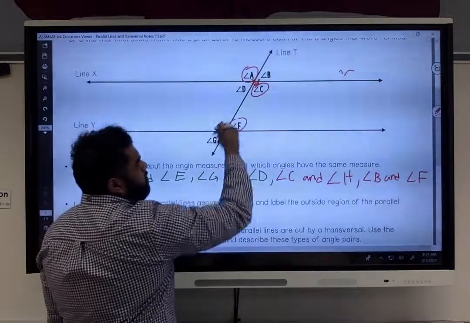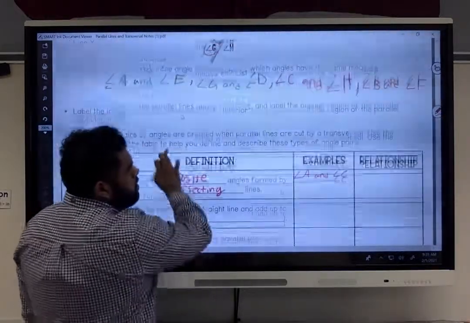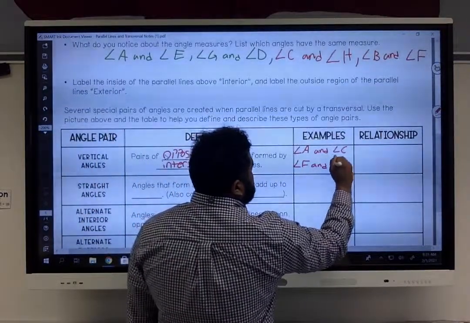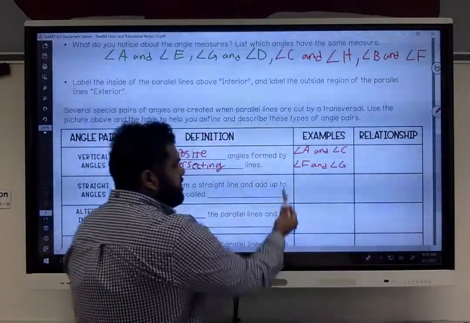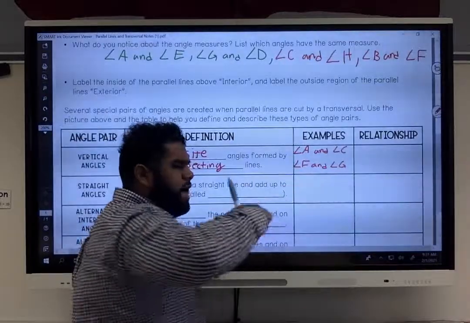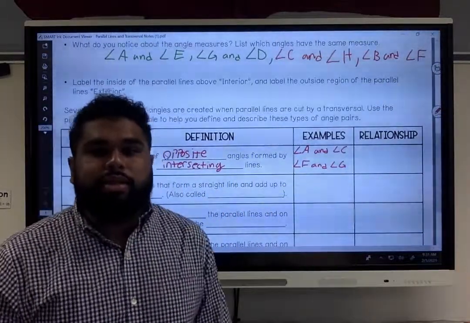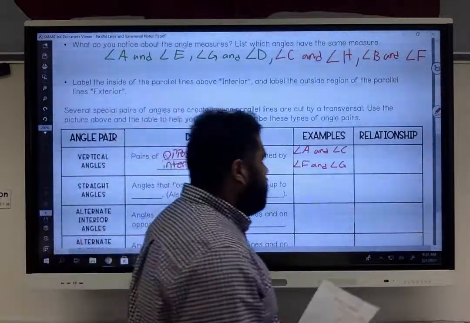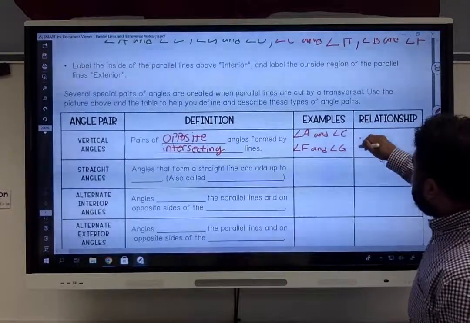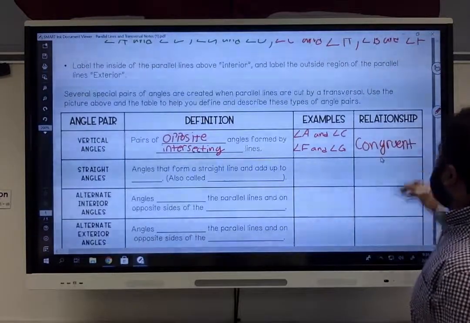Let's start at F, and the opposite of F would be G. So angle F and angle G. This little symbol looks like a less than sign with a flat bottom. That is your math symbol for an angle. What is the relationship between the two? These two are congruent. Now, what does that mean?